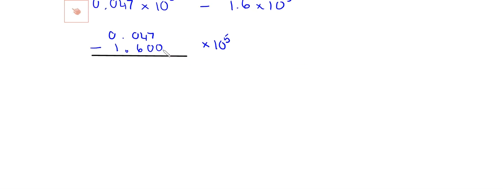So 7 subtract 0.7. 4 subtract 0.4. 0 subtract 6, negative 6. But do you want me to write negative 6? And then 0 take 1 is negative 1.